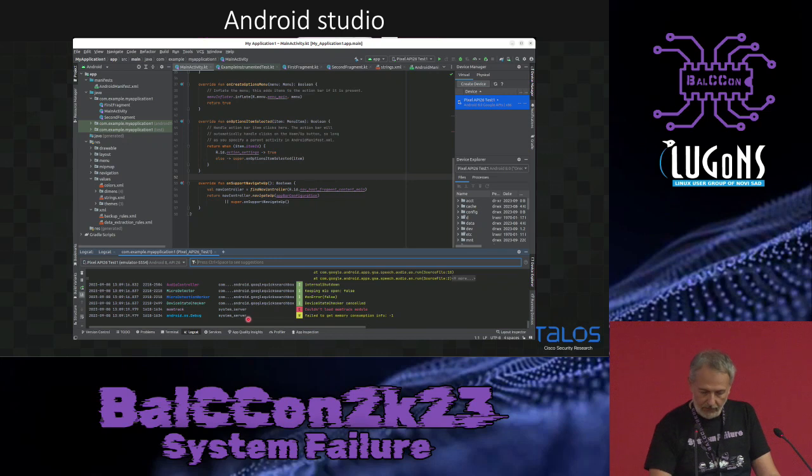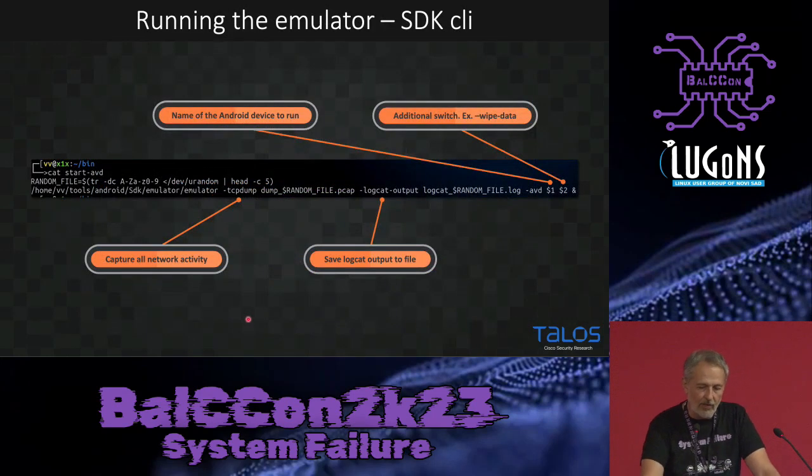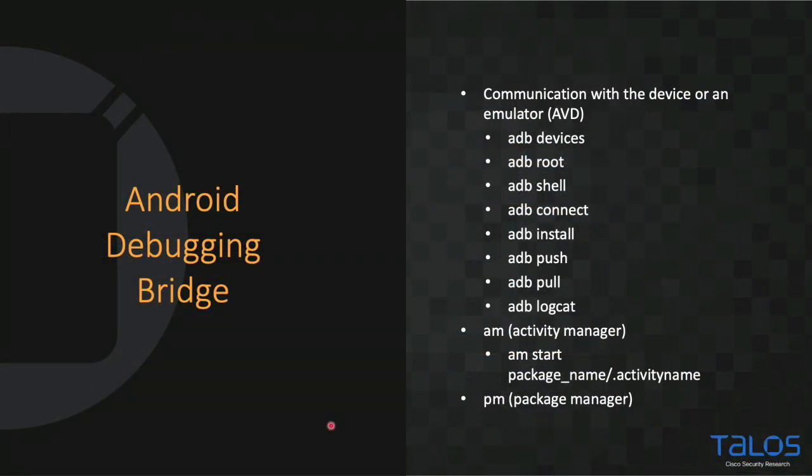In terms of communication with the virtual device, or any device you have connected, you can connect a real device over USB and enable developer mode so you can run debugging on that device, which is enabled by default for the virtual device. The main way to communicate is through the Android Debug Bridge, ADB.